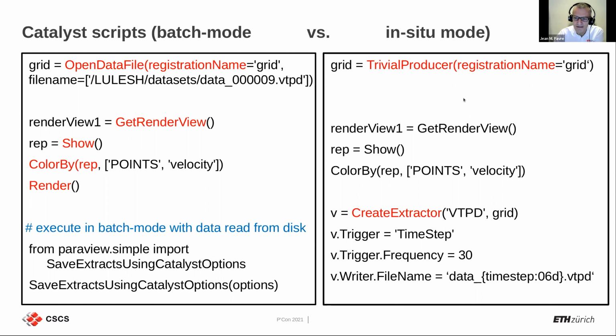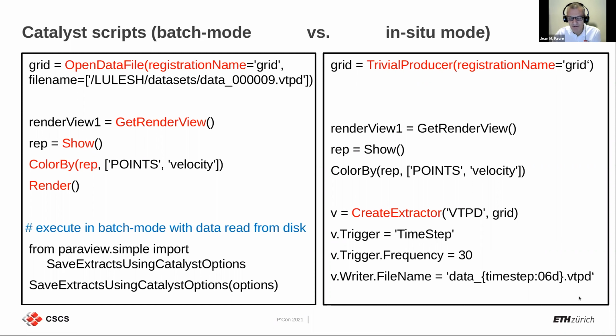I would again create a view, show my data, color it by velocity, and with an extractor, which is triggered based on the time step at a frequency of 30, I would write my data. And here, as you can see, there's no loop over the different time steps of my simulation.